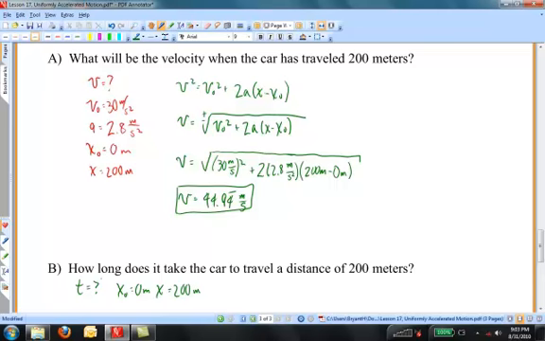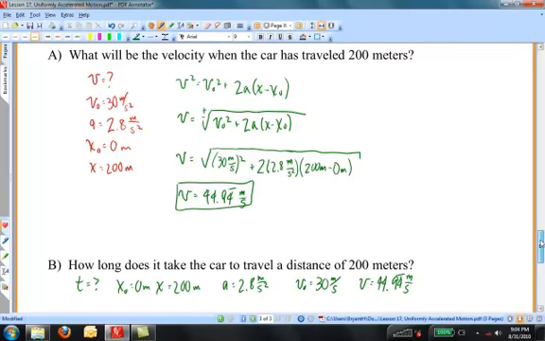I know the displacement, that 200 meters, the acceleration is 2.8 meters per second squared. I know the initial velocity, 30 meters per second. And from the A part, I know what the final velocity is after that 200 meters. It's 44.94 meters per second. And I can use that to help me solve this part if I want to.